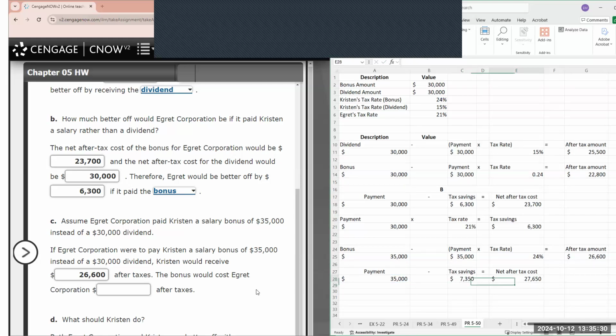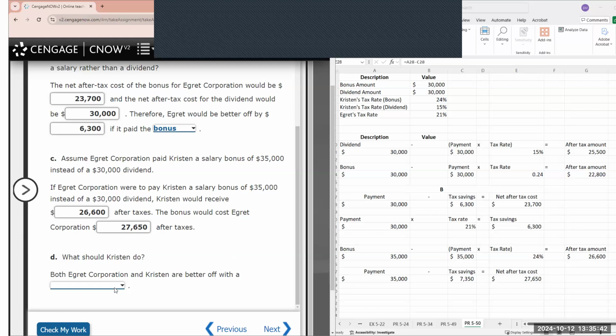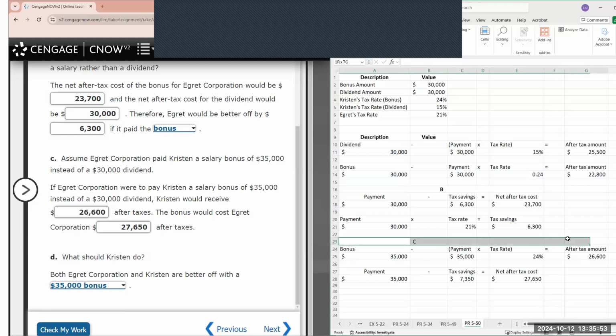So therefore, the net after-tax costs for Egret will be $27,650. So based on this information, it appears as though Egret Incorporation would be better off with a $35,000 bonus.